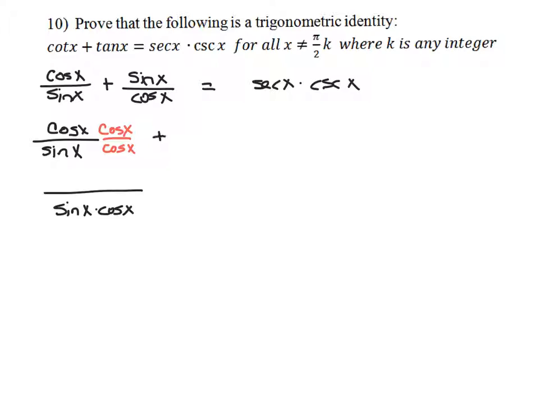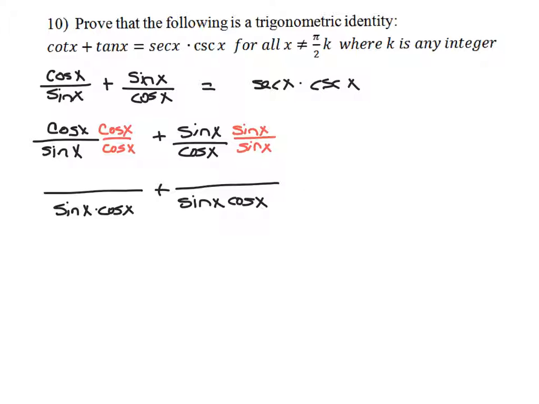Likewise, with my second fraction, I'm going to have to multiply that fraction by sine of x in the numerator and the denominator, so that my common denominator will also be sine of x cosine of x.